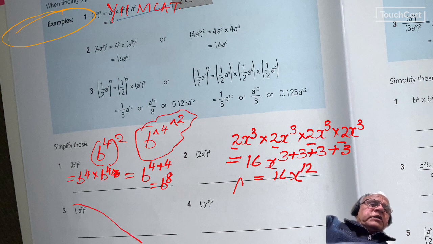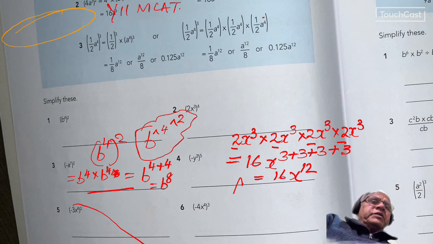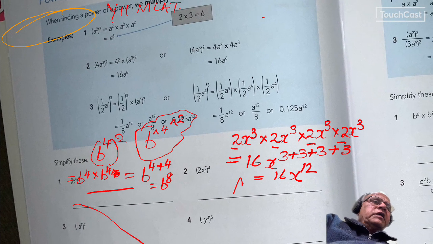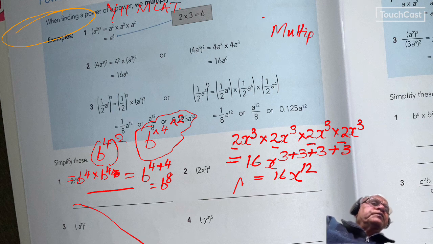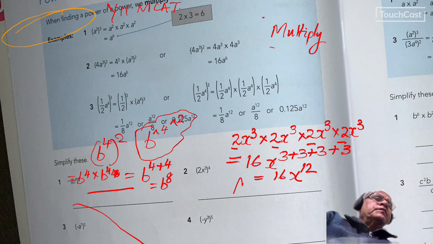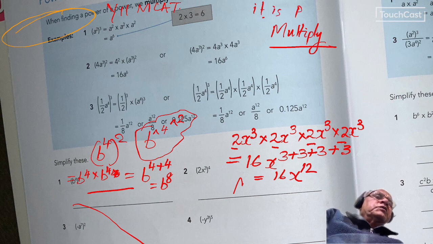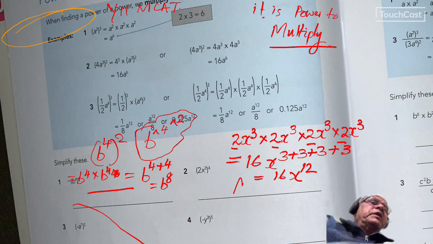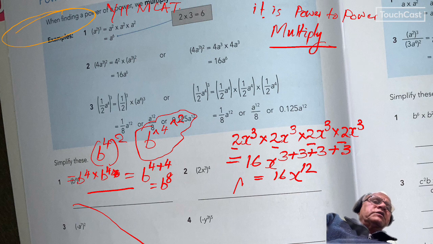You could have sorted out this problem easily. The rule is, when it is power to power, this is how I remember: if it is a power to power expression, we multiply the indices.